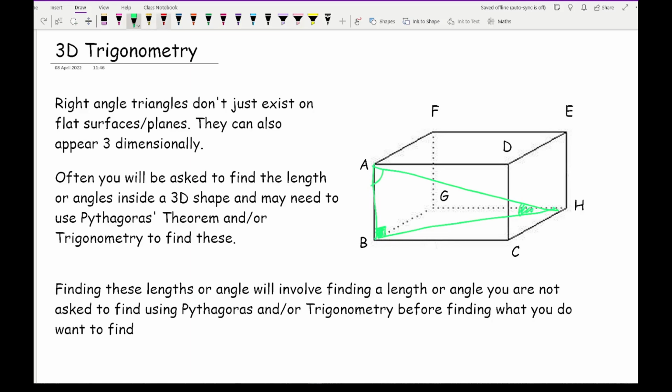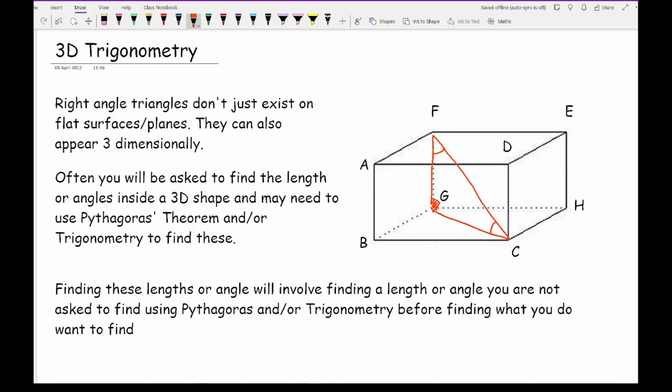Now if I get rid of that triangle so it doesn't merge with the next triangle, I can also draw another right angle triangle connecting the side FG to C. And so this angle here is 90 degrees, and I've also got this angle here and this angle here.